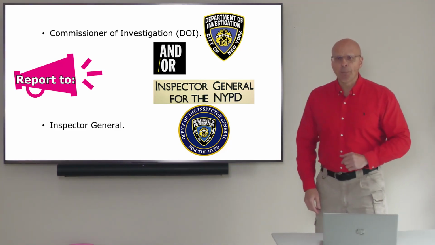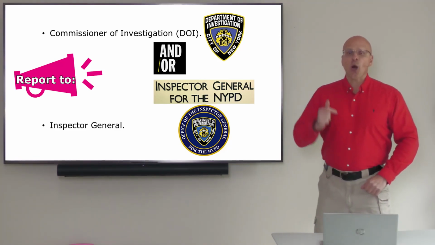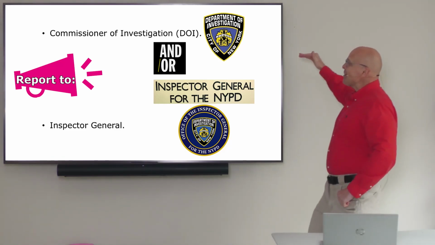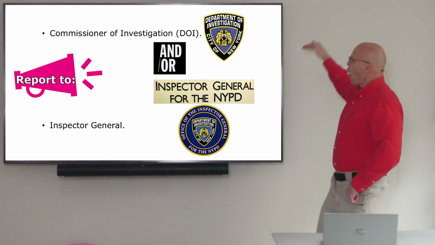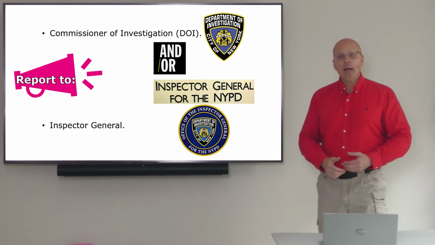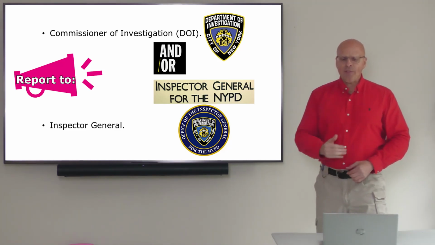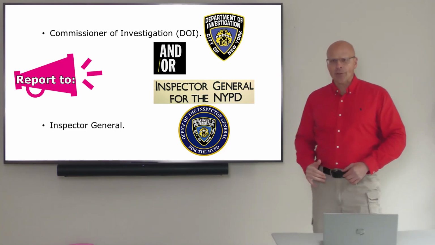And who do they have to report it to? 1, the Commissioner of Investigation, DOI, and or the Inspector General. That's right. You have to report it to either the Commissioner of Investigations, DOI, and or the Inspector General.